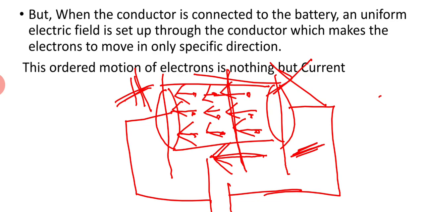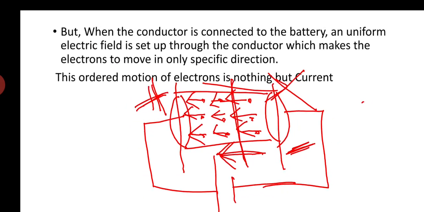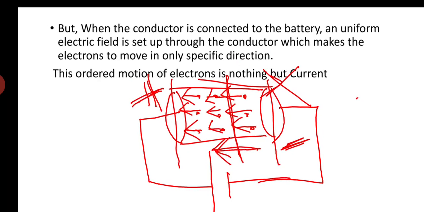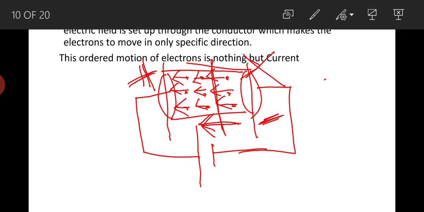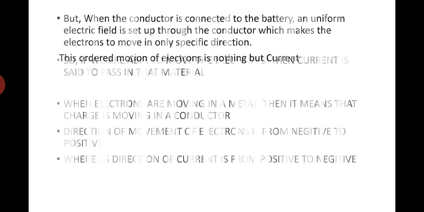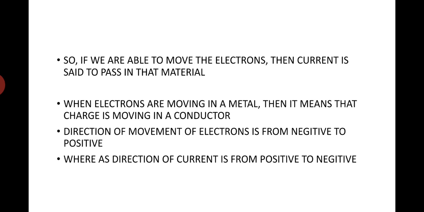This ordered motion of electrons is nothing but current. So current is nothing but ordered motion of electrons. If we are able to move the electrons, then current is said to pass in that material.